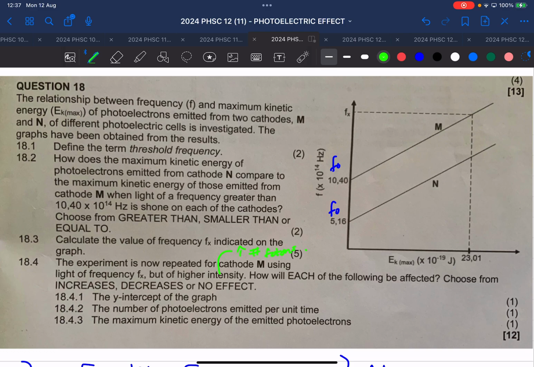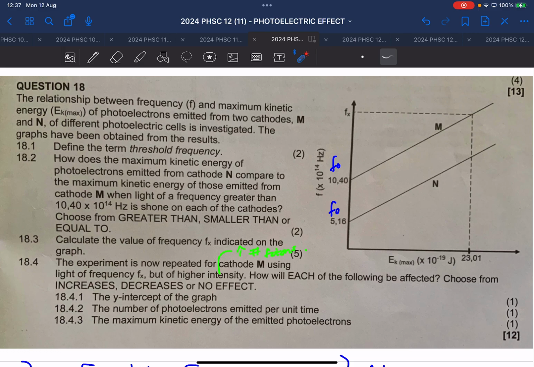Okay. How will each of the following be affected? Choose from increase, decrease, no effect. The y-intercept on the graph. What was the y-intercept? The threshold frequency. Will that change if you increase intensity? No, nothing will change that. No effect. The number of photoelectrons emitted per unit time?